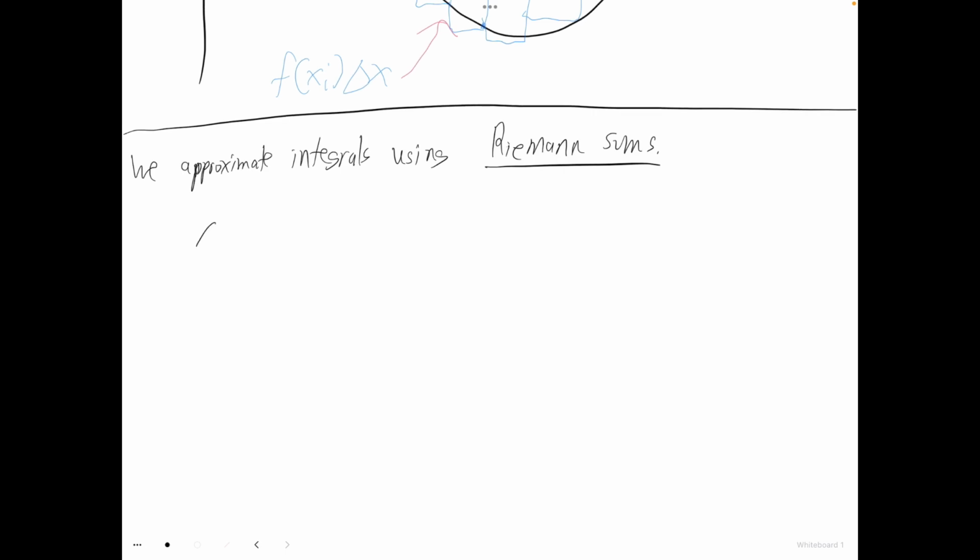So a Riemann sum is just any sum from I equals 1 to n of f of x sub I star times delta x. So in other words, they're the sums that we were looking at before without the limit. Okay, we just pick some n, and we're going to approximate the definite integral by picking some fixed n and just computing things like that. Okay, so it is something we have done before. There's nothing particularly special about it, it's just now we're giving a name to those sums.